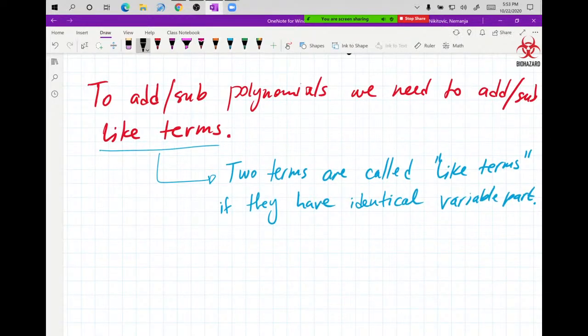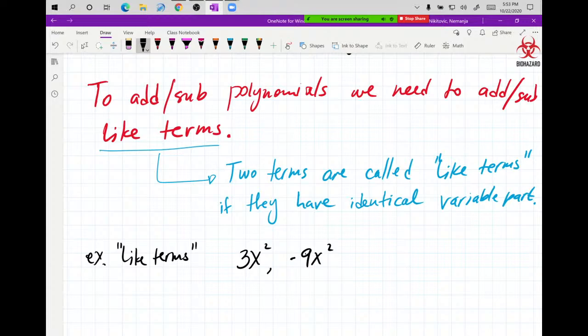So, examples of like terms. We have 3x squared and negative 9x squared. Those are like terms because one of these terms has x squared, the other one has x squared. Those are the variable parts, and they are the same. That's why these two terms are like.